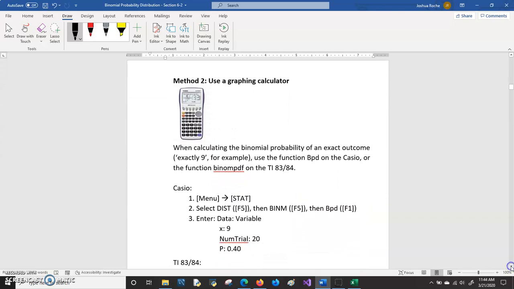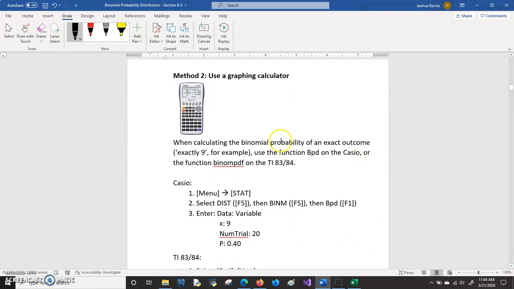Another way to calculate this probability is to use a graphing calculator. So when your question for the probability is asking for the probability of an exact outcome, like exactly 9, for example, on the Casio, you'll want to use the function called BPD.